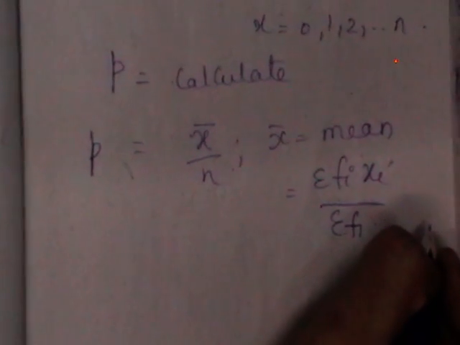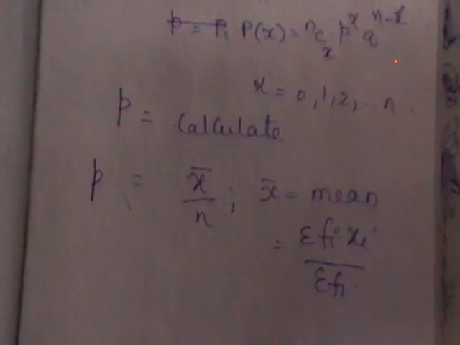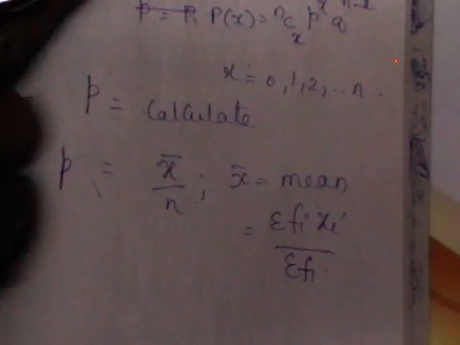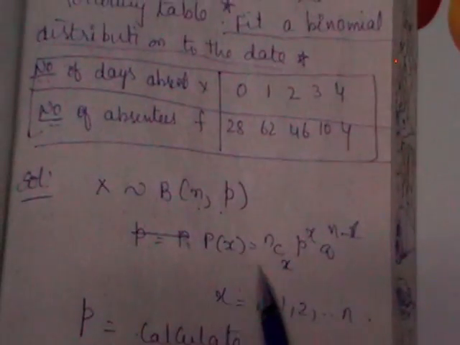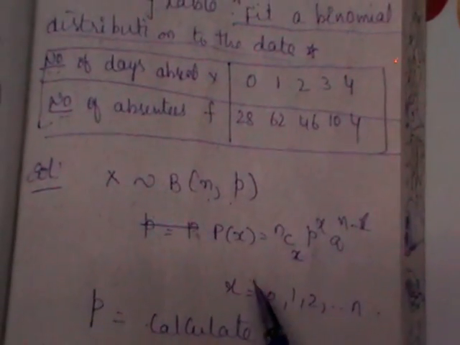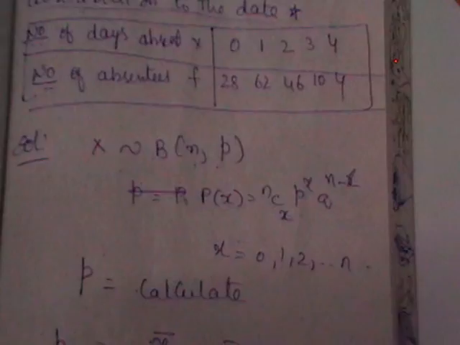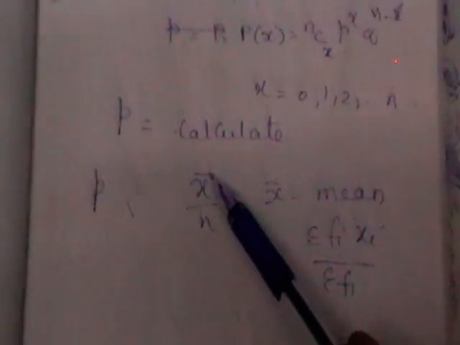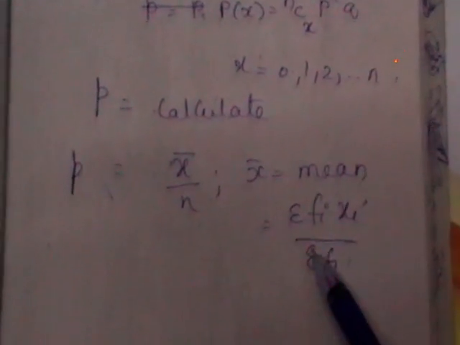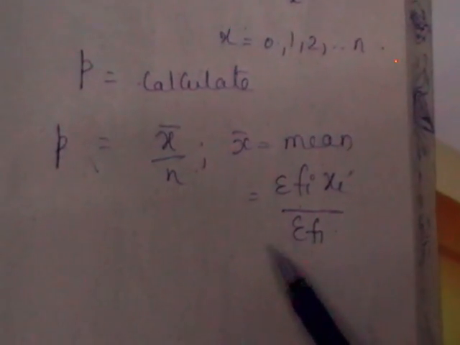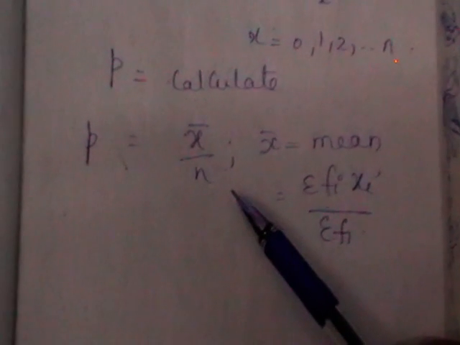You are given a distribution based on the binomial distribution. Whenever x is a binomial variate, we write it like this, and the PMF is of this form. You should identify n and p here to do any steps, so p should be calculated. The formula for p is x bar by n, where x bar is the mean, sigma fi xi by sigma fi, and n is the number of trials.